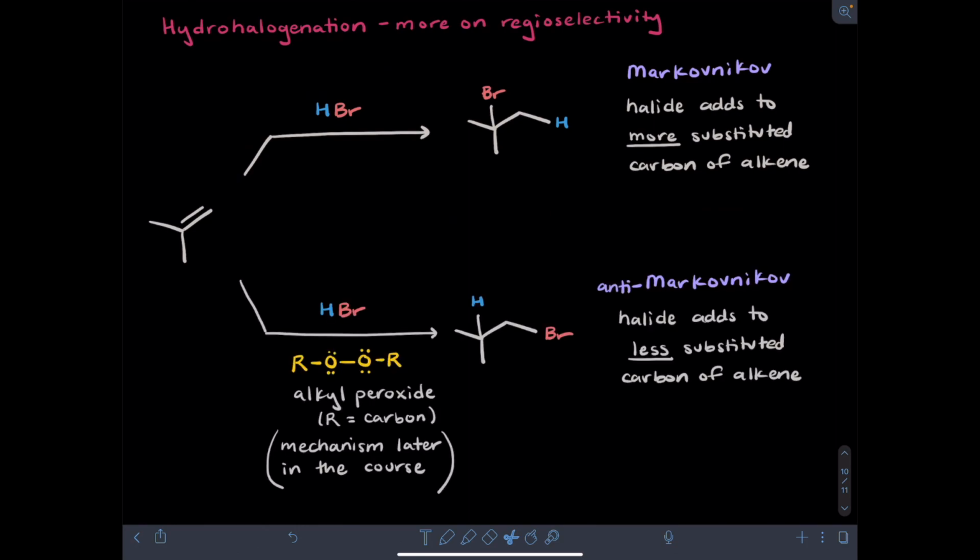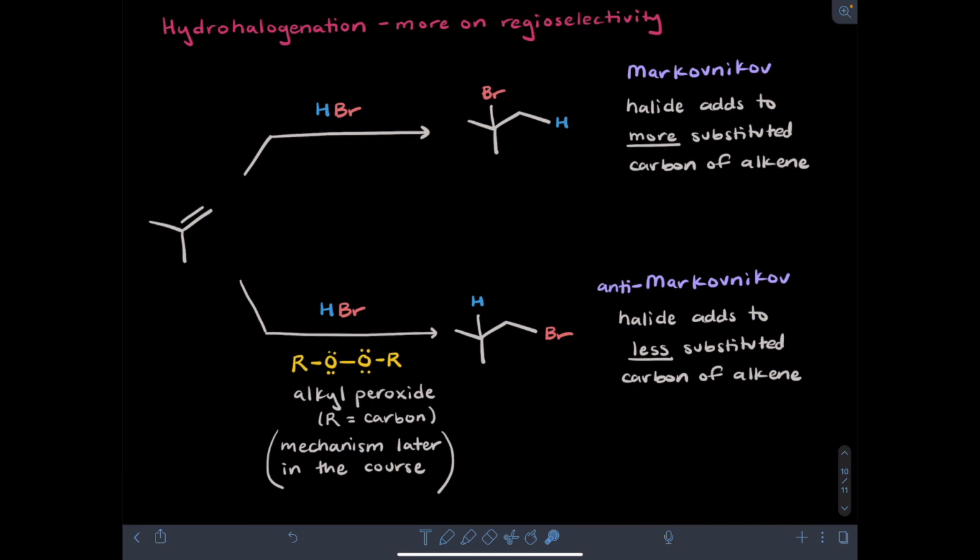It is also possible to get what's known as anti-Markovnikov addition of HX. Anti-Markovnikov means that the halide adds to the less substituted carbon of the alkene, and hydrogen adds to the more substituted carbon of the alkene.